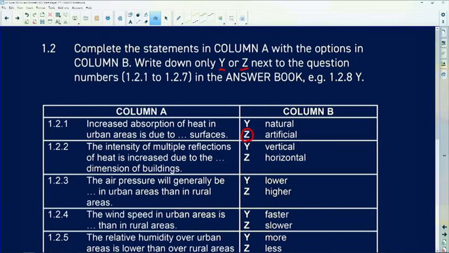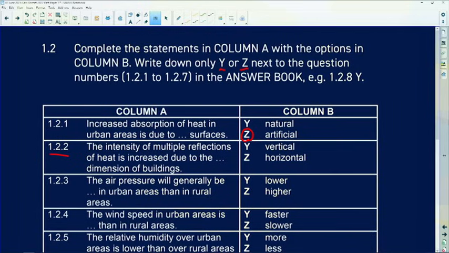Increased absorption of heat in urban areas because of artificial surfaces. It's fake. Now, if you look at rural areas, they're covered with vegetation, covered with trees. That has a cooling effect on the rural areas. Now, if you look at question 1.2.2, the intensity of multiple reflections of heat is increased due to the dimensions of buildings.